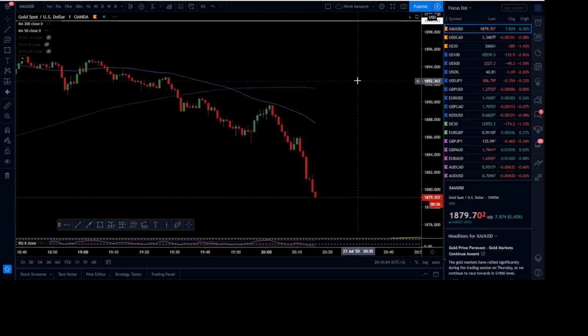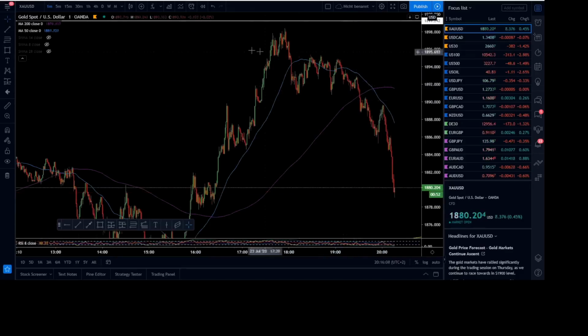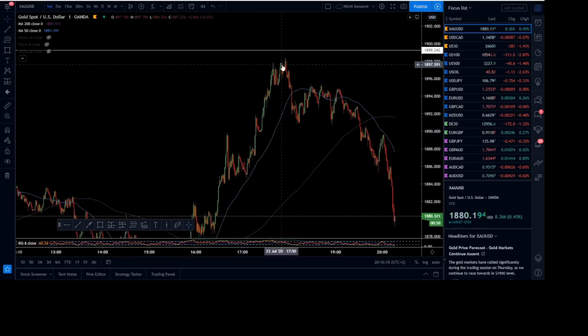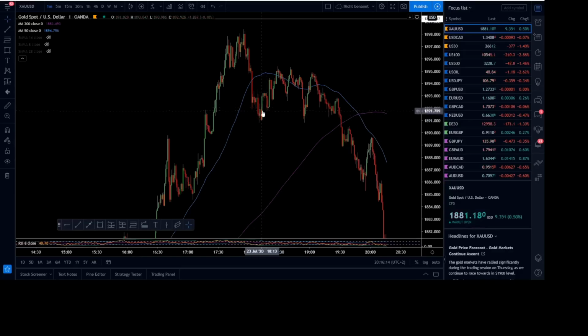Exactly, because today I was day trading on gold on the 1 minute time frame, and so what I did, I took a long position over here, then unfortunately got stopped out on this move, made a loss.